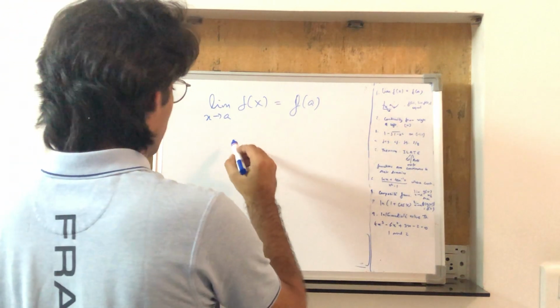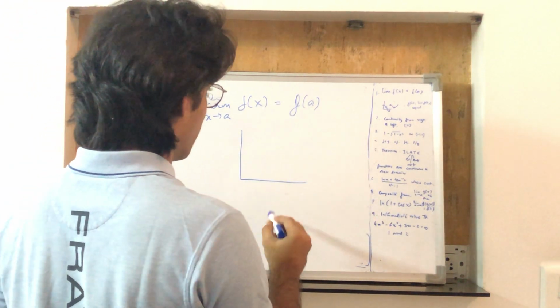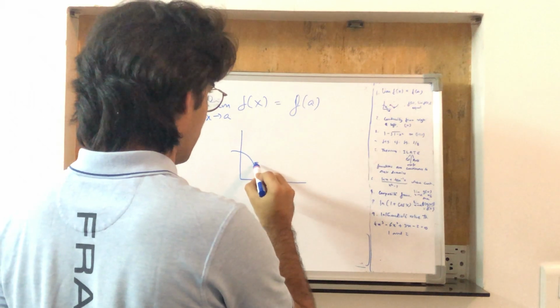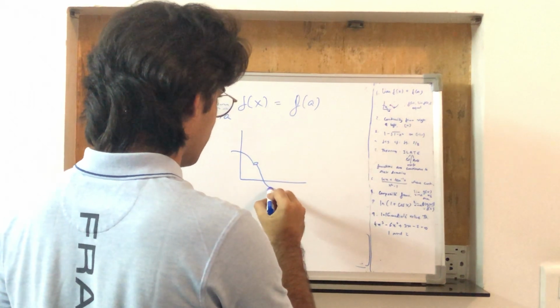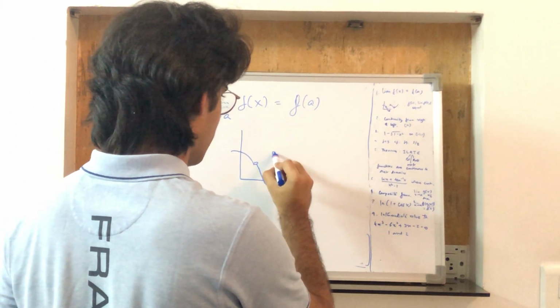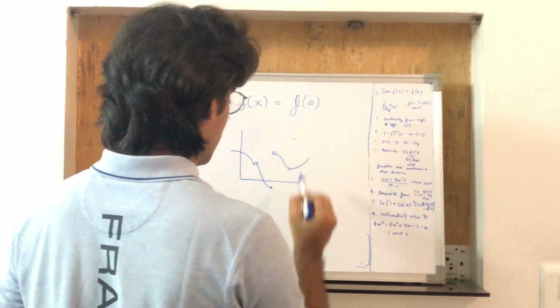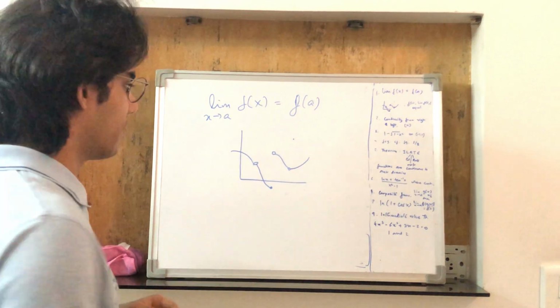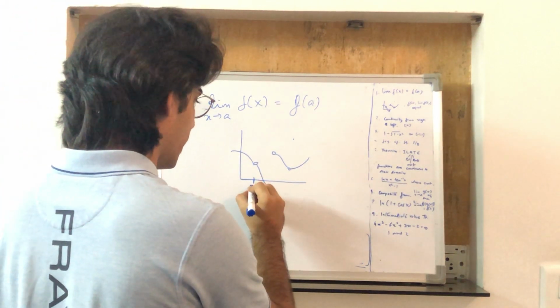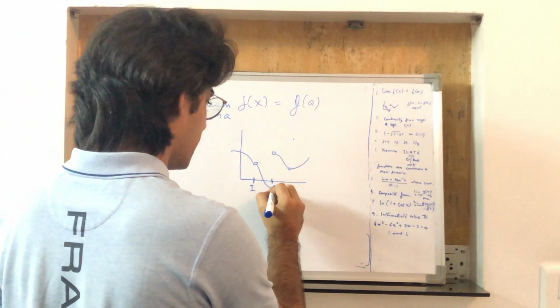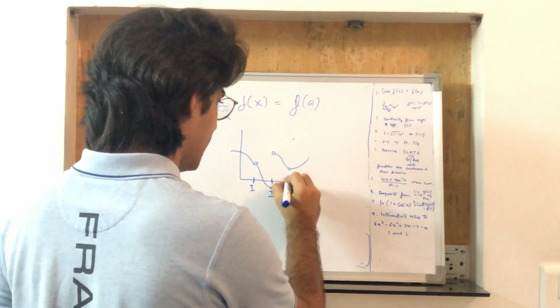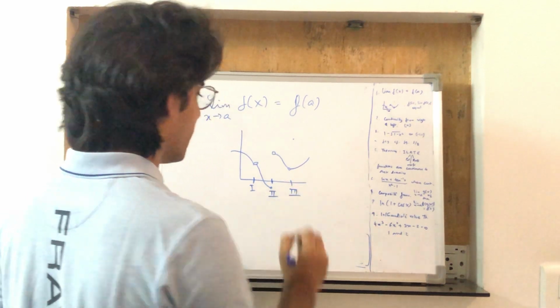Let's look at an example, right? So I have this graph here, and this is what it looks like. If you look at this graph, let's look at 3 points. This is point 1, this is point 2, and this here is point 3.